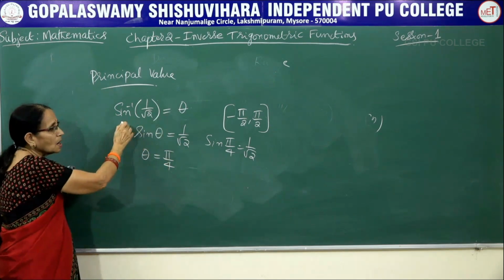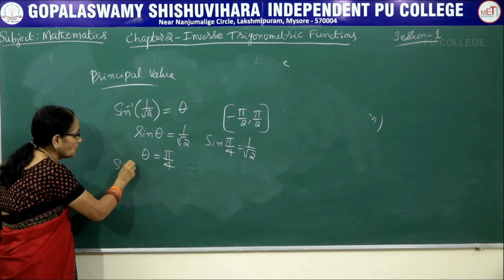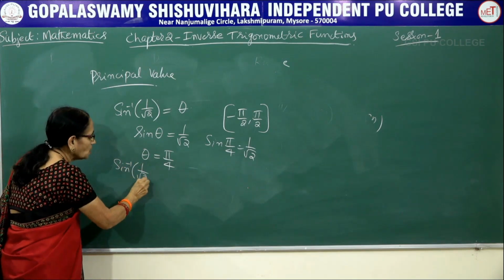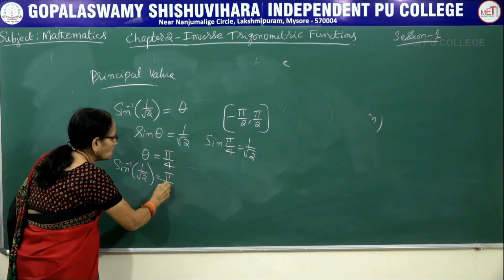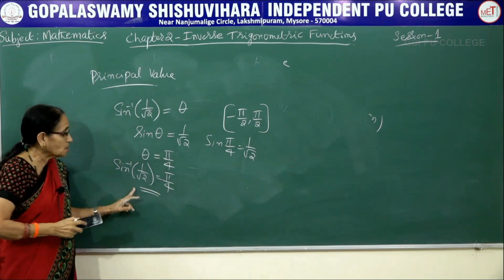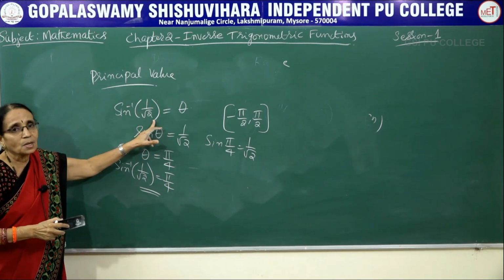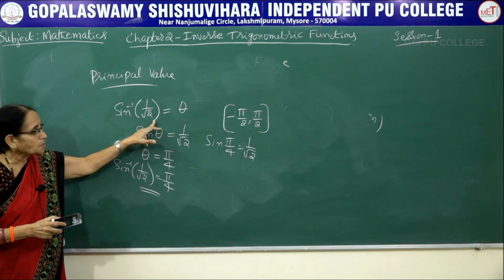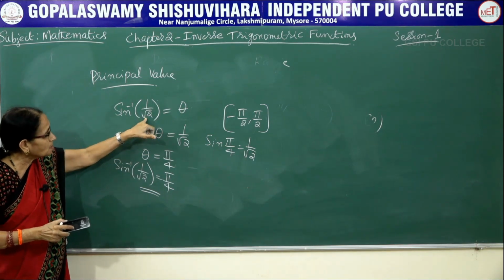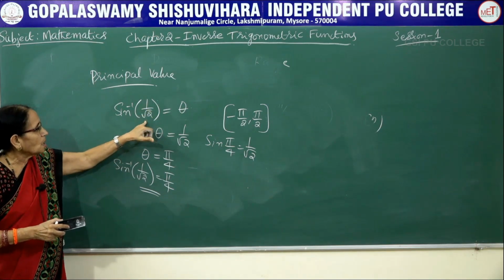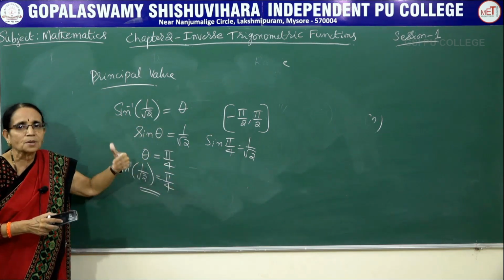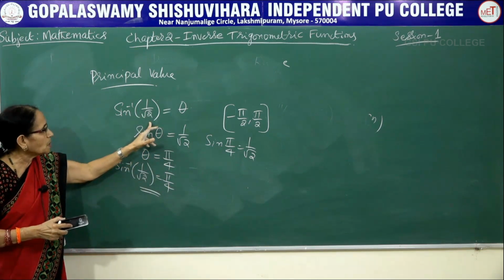But what is theta? Earlier we had assumed it to be sine inverse of 1 by root of 2, which will be equal to pi by 4. Now this is the principal value of the given inverse trigonometric function. Okay. Now you can see that it is a standard value, and you know that sine 45 degrees or sine pi by 4 is equal to 1 by root of 2.